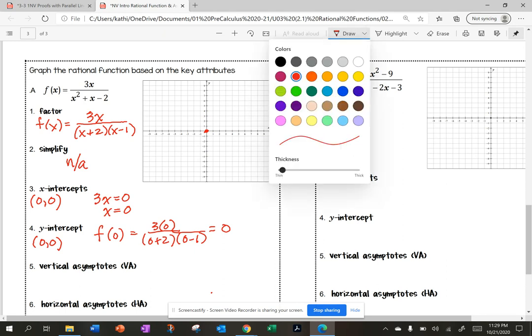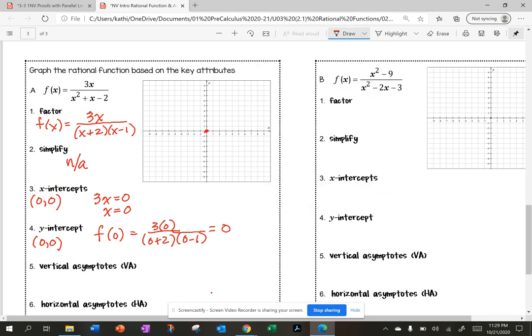Next, I want to know where do I have vertical asymptotes? Vertical asymptotes are where the denominator factors are set equal to 0. So I have x plus 2 equal to 0, so x is negative 2, and x minus 1 equals 0, so x equals 1.